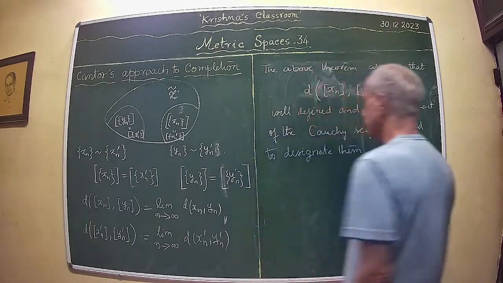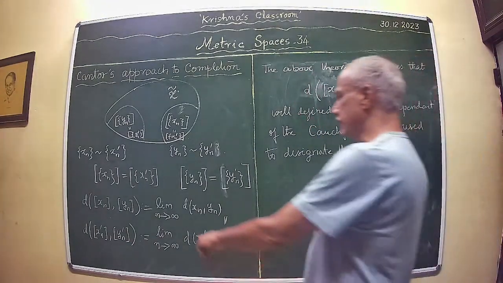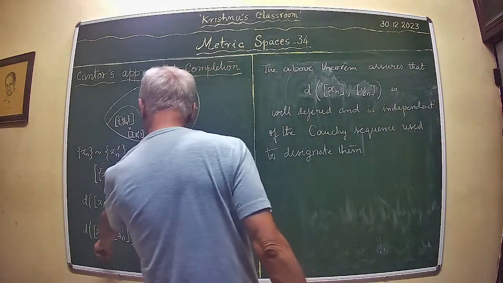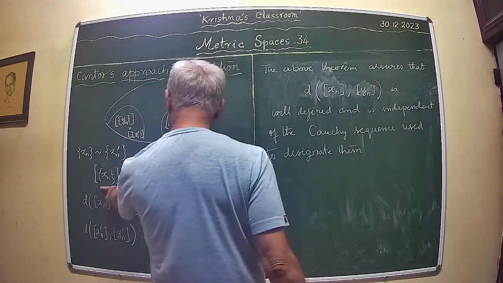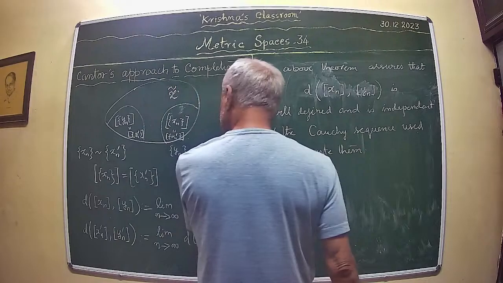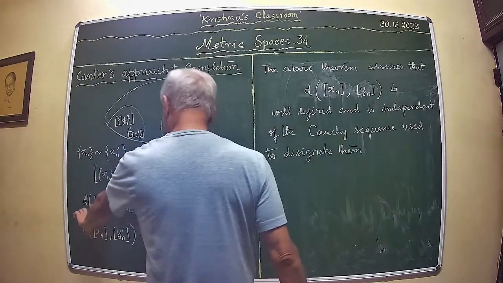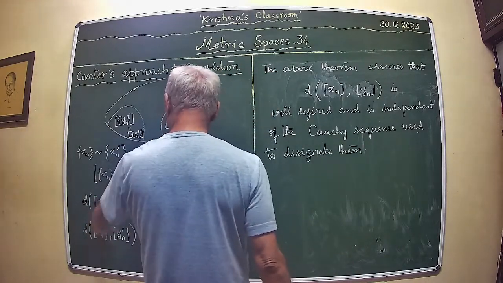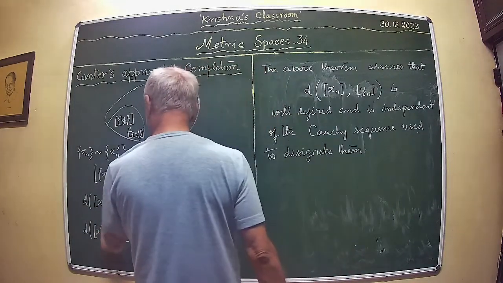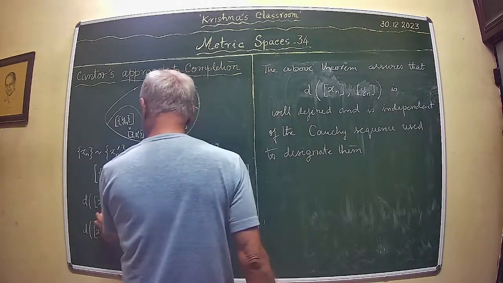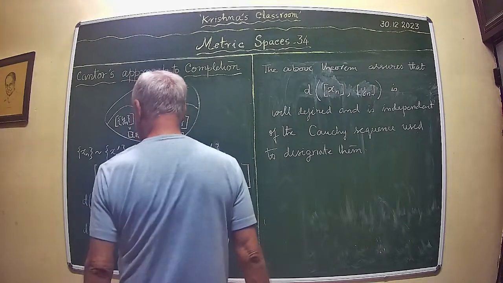That is what it says. See, this is the same as this. This is the same as this. What it says is that if this condition is true and this condition is true, then these two have to be equal. And that's what we have proved. These two are equal, therefore these two are equal, irrespective of the representations that you use.